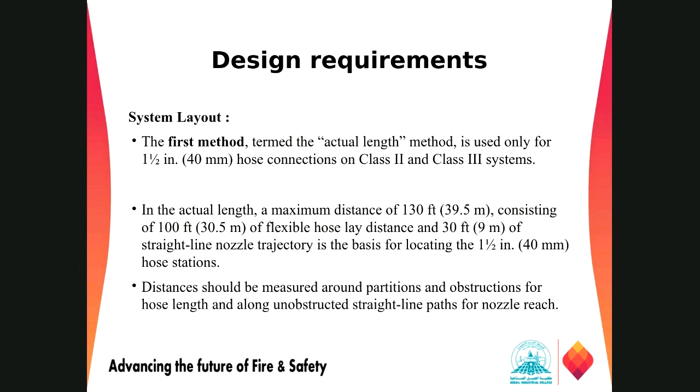We can use a distance of 130 feet between two hose cabinets, right? Because the length of the hose is around 100 feet, and due to the pressure and force, we are getting a 9 meter straight line nozzle trajectory. So we can place fire hose cabinets based on this assumption.